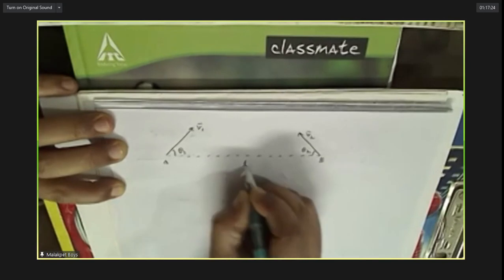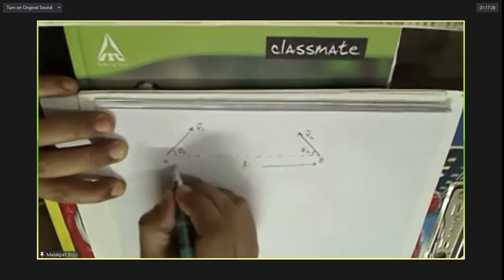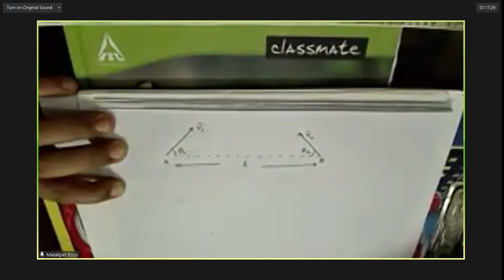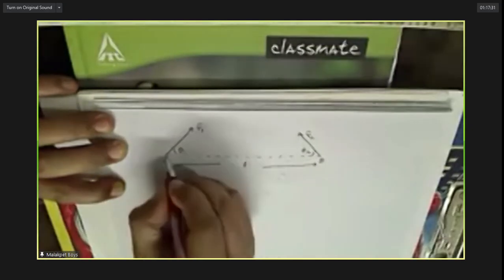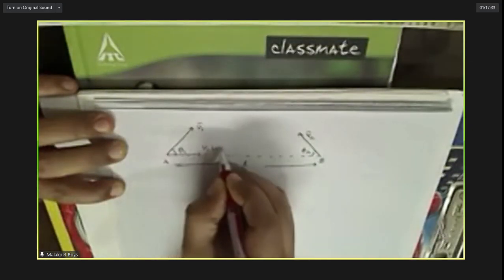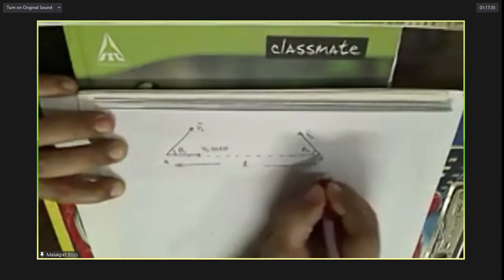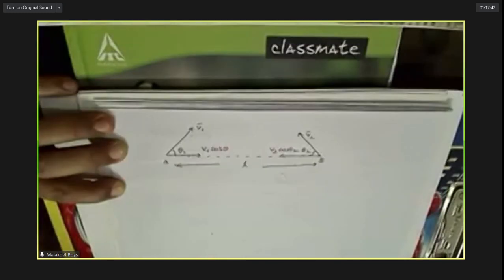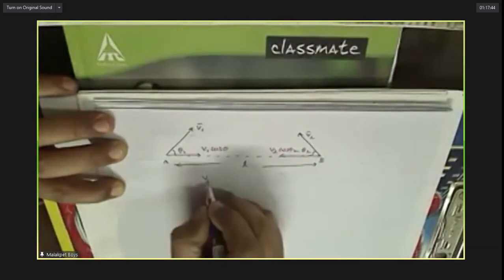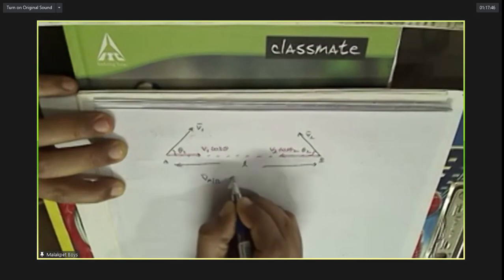L is the distance between them. Now along the line joining the particles, what do you have? V1 cos θ1, V2 cos θ2. Agreed.